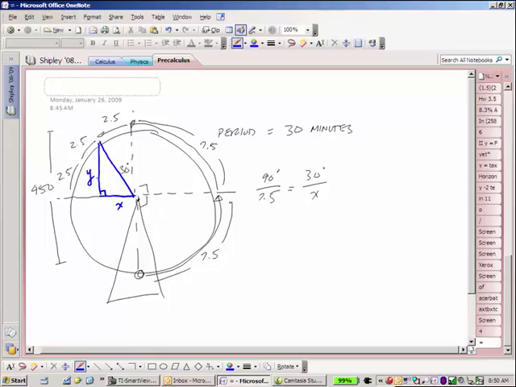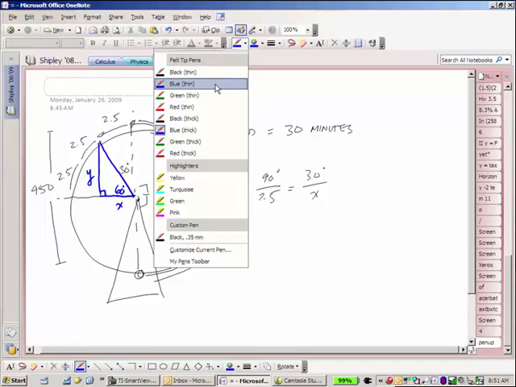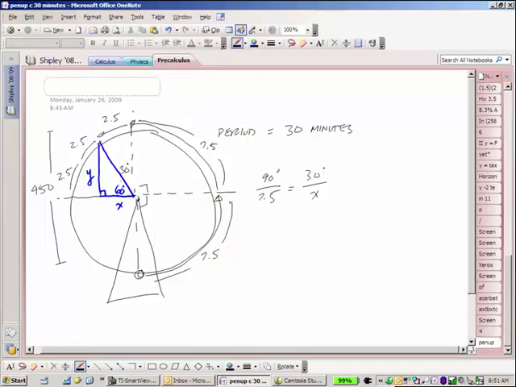But what's the problem? I need the 60 degrees. 30 degrees is not what I need. I need 60 degrees. And so now what I need is something that uses 60 degrees and will tell me her height.